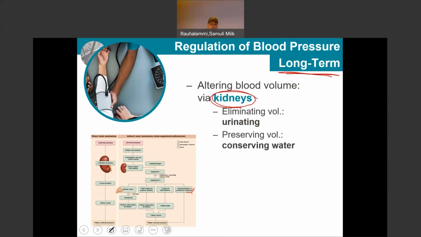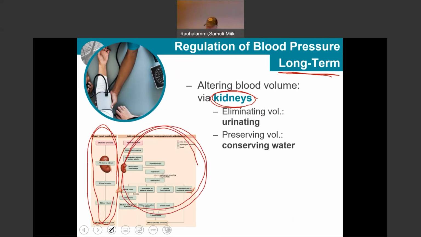I just want to highlight that we have a direct mechanism, which is all to do with eliminating volume by urinating some out, or preserving the volume by conserving water. We also have something that's known as an indirect mechanism, which is much more complex, and that's sometimes referred to as the renin-angiotensin-aldosterone mechanism. So if you're interested in that, you can definitely study that in our full lecture videos.